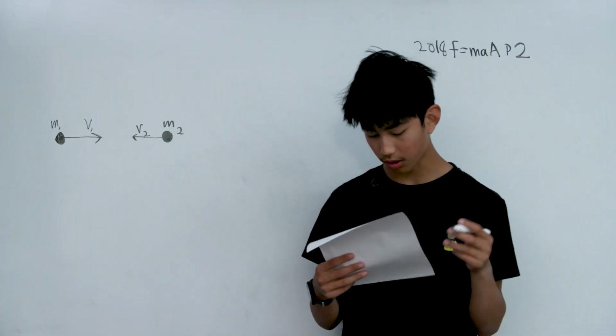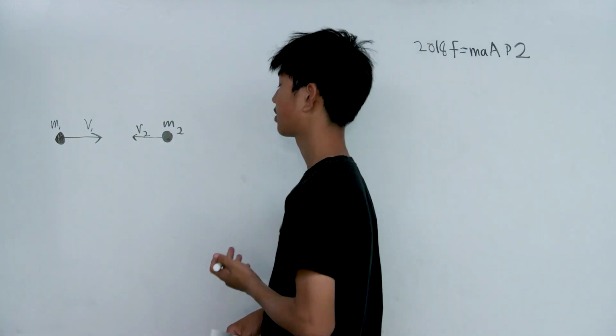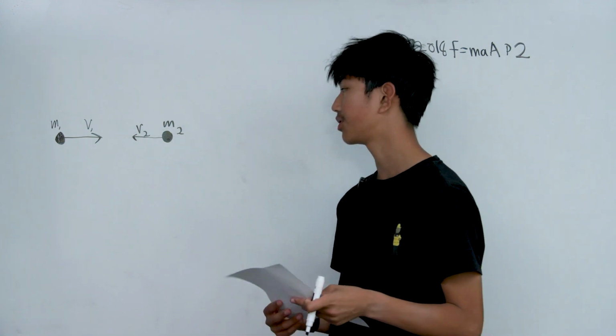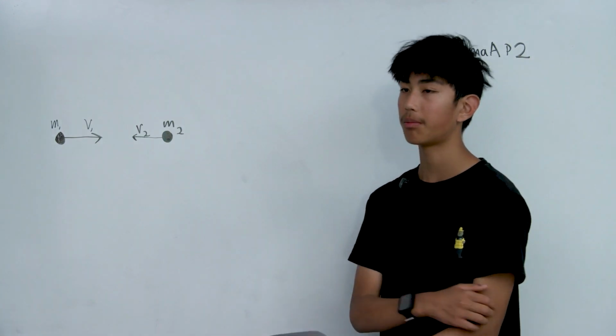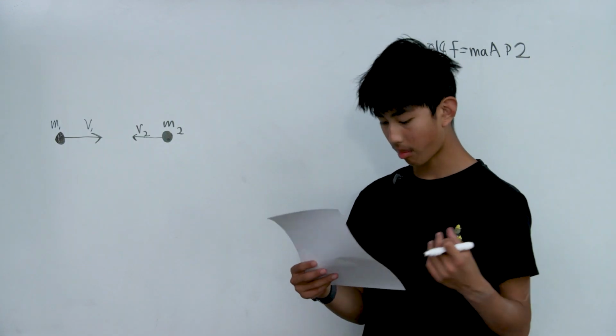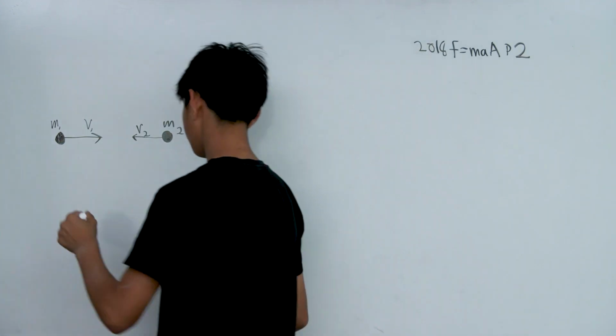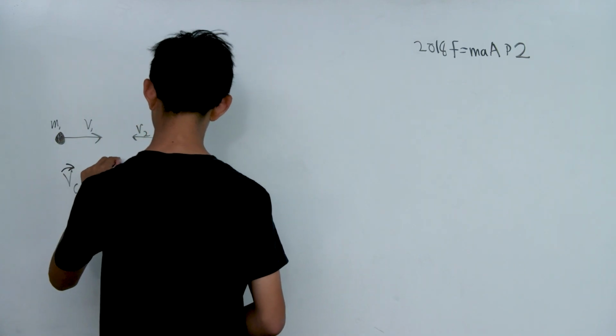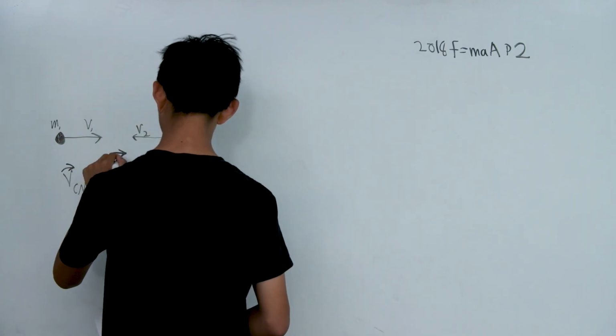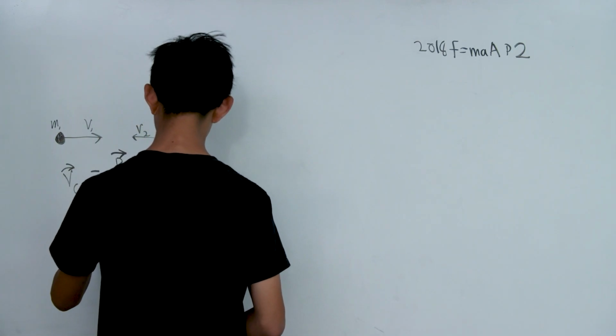So we have these two balls with the masses and velocities, just say m1 and m2. We want everything in variable format before we can plug everything in. So we know that the velocity of the center of mass is equal to p total over total mass.